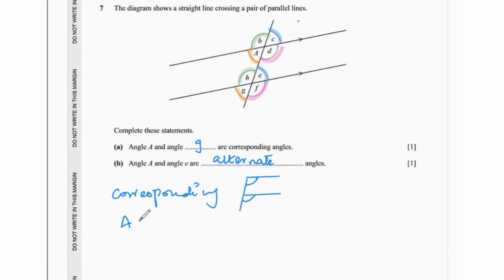Then for alternate, it's making a Z, because these are the angles. And then for co-interior, it's making a C, because your angles are on the inside. And vertically opposite is an X.